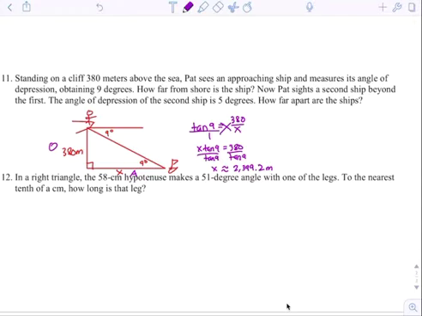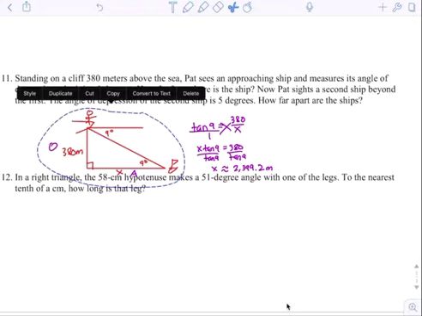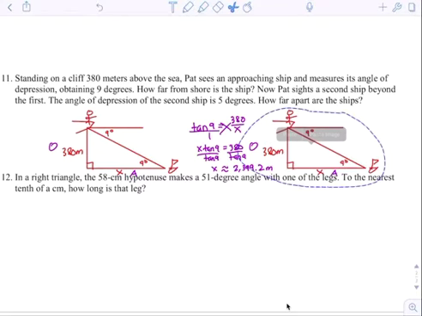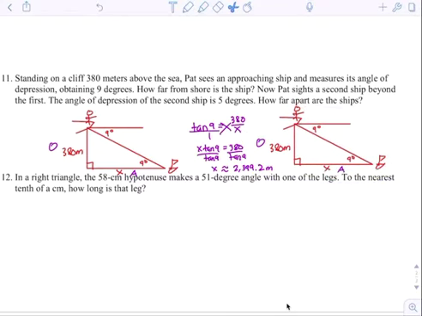Now, it says Pat sights a second ship beyond the first. The angle of depression of the second ship is 5 degrees. How far apart are the ships? So if we use the same drawing, I'm going to move everything over as well.